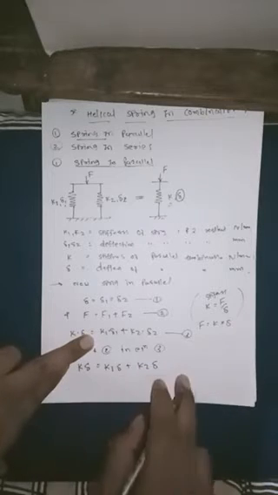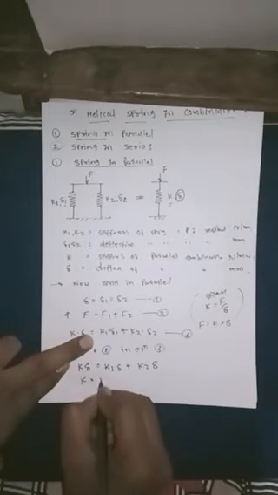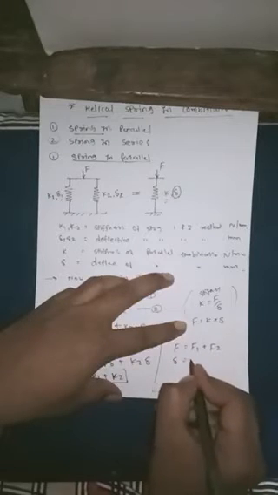In this equation delta is common, so it cancels out, and K is equal to K1 plus K2. So remember these three equations for the parallel: F is equal to F1 plus F2, delta is equal to delta 1 is equal to delta 2, and K is equal to K1 plus K2.